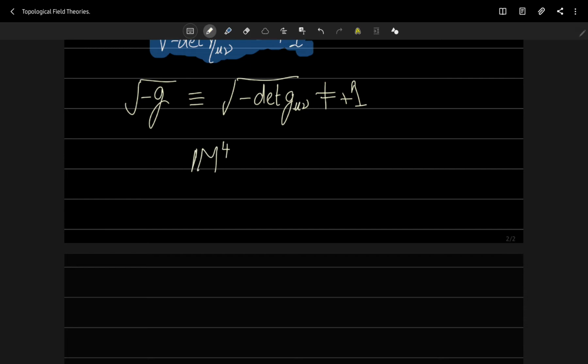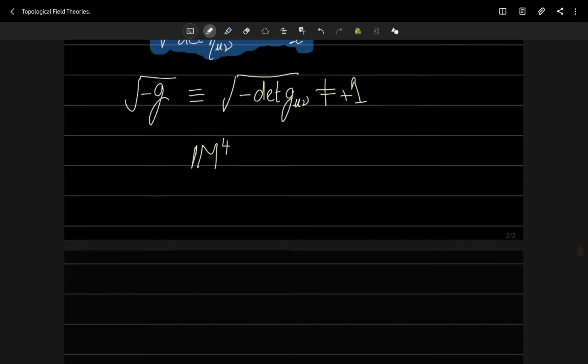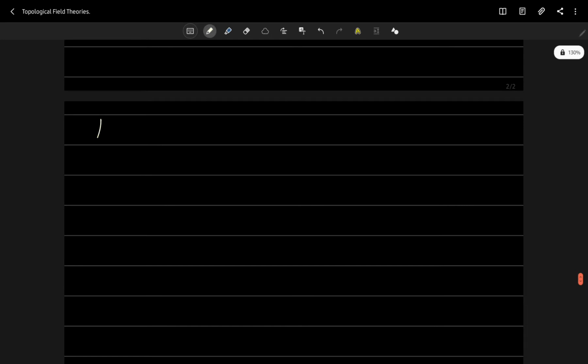M4. Okay, now of course I know what you're thinking. You're thinking, why did I use this one, right? Why did I say the square root of negative g?